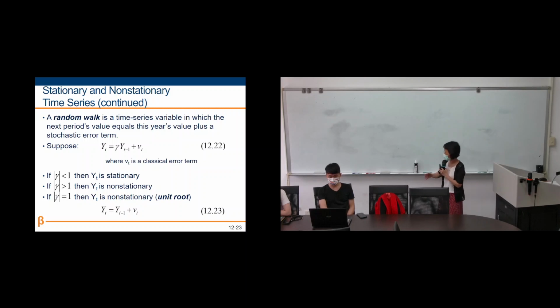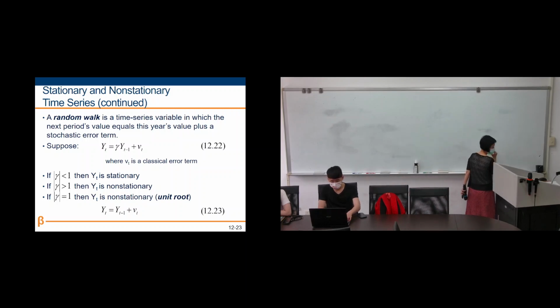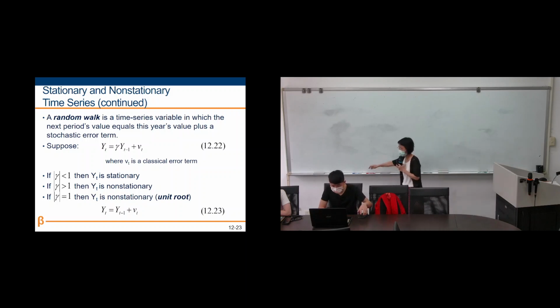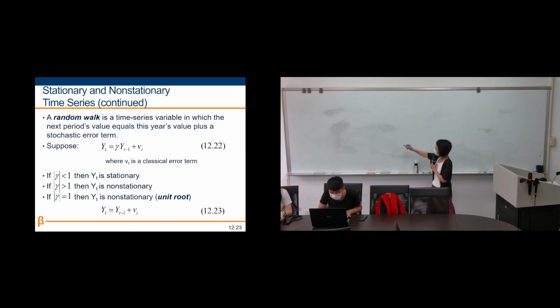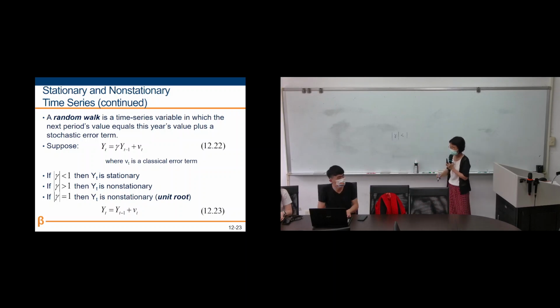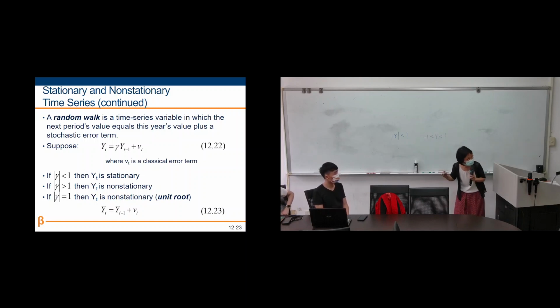For engineering, there's no problem. I don't have any problem, but for business students, I need to explain. This one means what? It means negative gamma. So what does that mean?